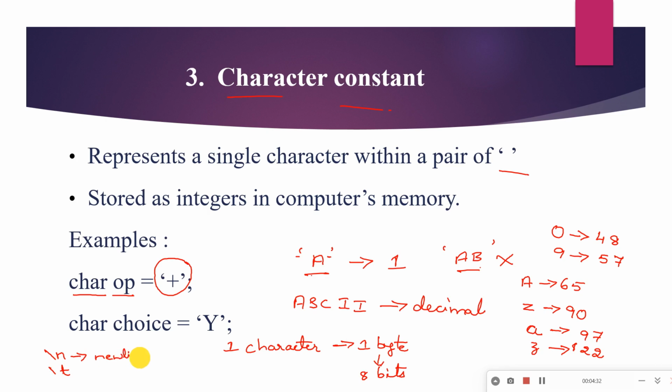Then slash t is for horizontal tab, then slash 0 is for null character. I will explain that in the next slide itself. Then slash b is for a backspace. So these can also be considered as character constants, where these are the special character constants which we call backslash characters or escape sequence characters. Okay, hope it is clear?